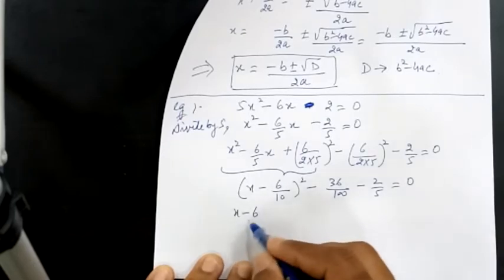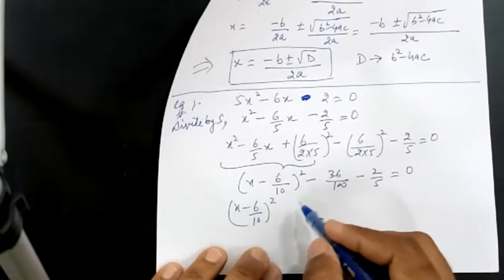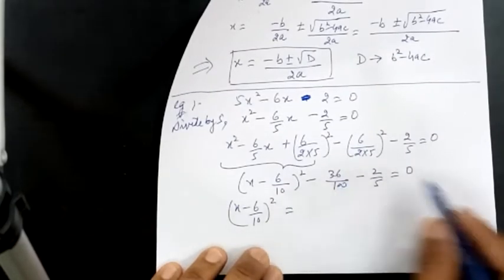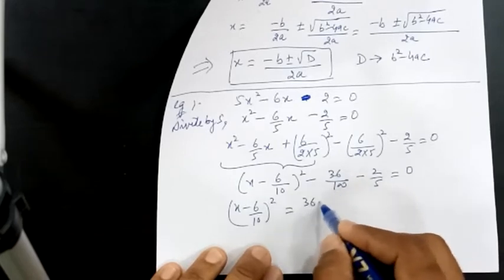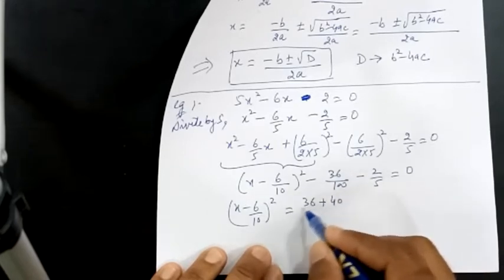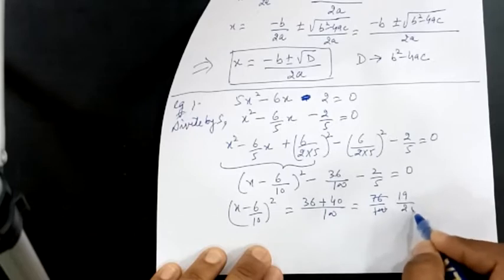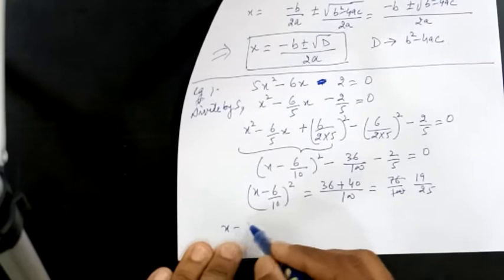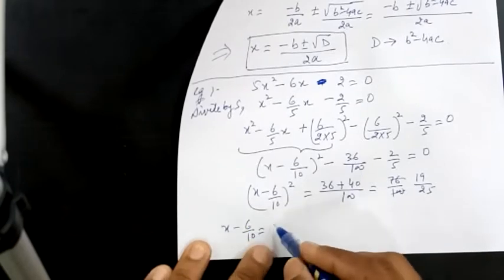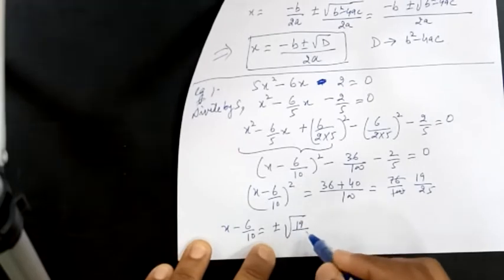So (x minus 6 upon 10) whole square is equal to, just take both these terms to the other side, then you will get 76 upon 100, or you can say 19 upon 25. So x minus 6 by 10 is equal to plus minus square root of 19 upon 25.